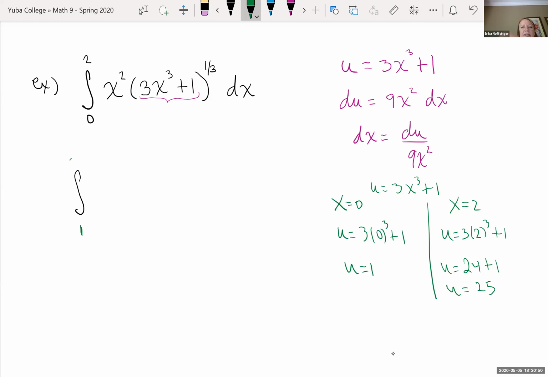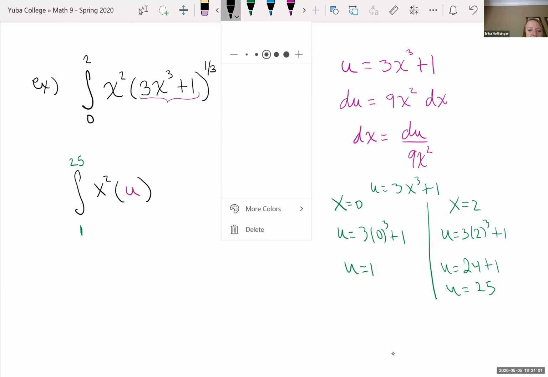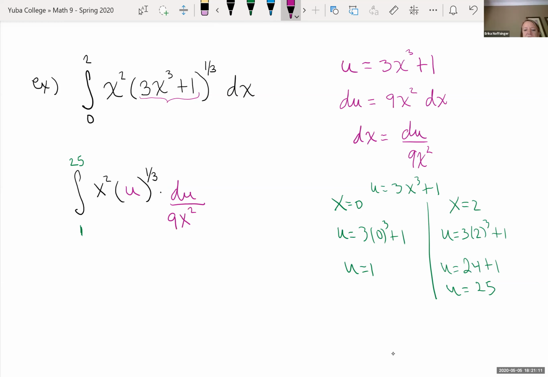Replacing things, I have x squared, u raised to the 1/3 power, times dx, which was du over 9x squared. So notice that our x squareds cancel, which we wanted.